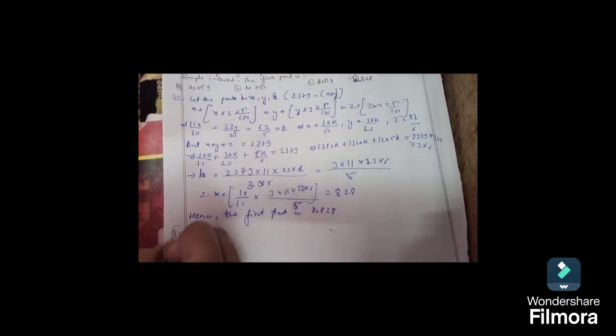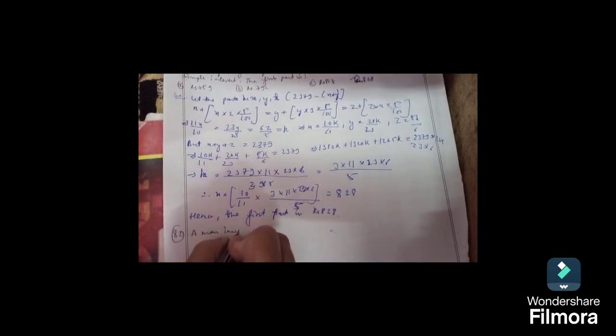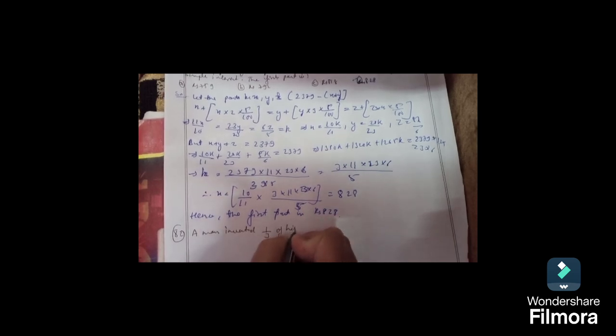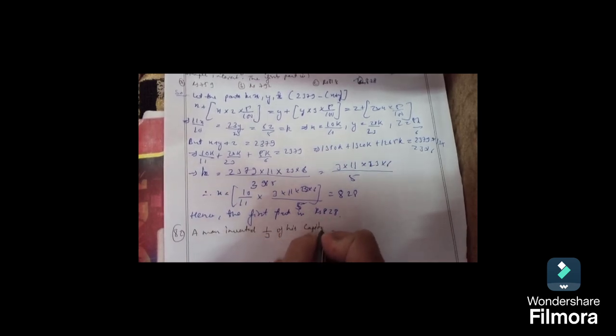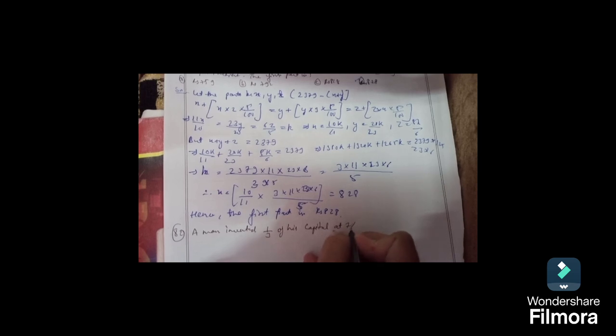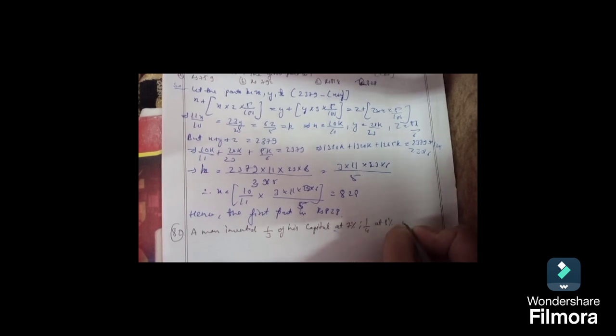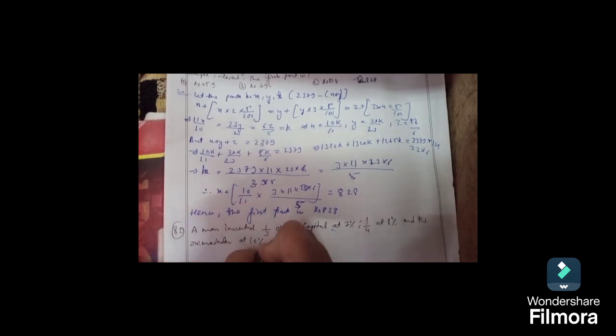So let's go for it, find it out. The 82nd question. A man invested 1/3 of his capital at 7%, 1/4 at 8%, and the remainder at 10%.